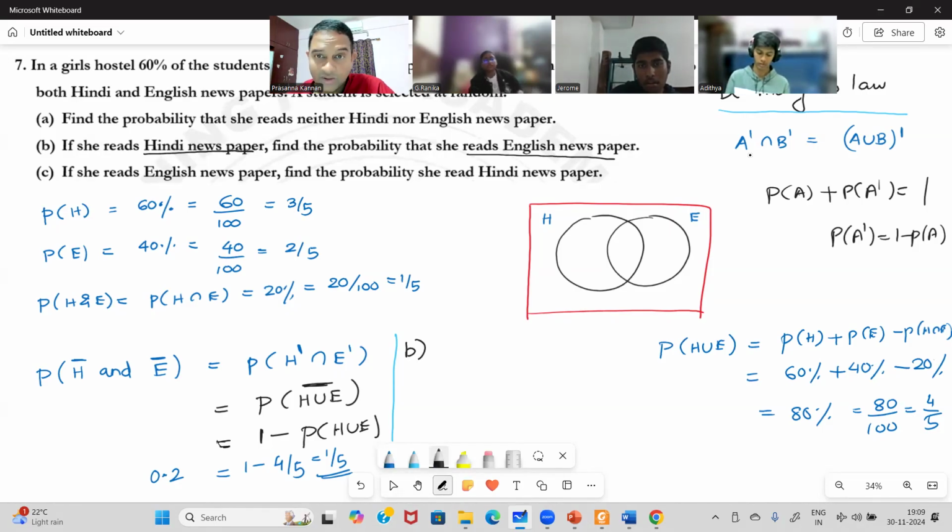She reads Hindi newspapers, sir. That has already happened. Now what do you need to find, Ranika? Find the probability that she reads English newspaper, correct? P of E given H, sir. Excellent, very good, right? So you need to find the probability that she reads English newspaper, given that she reads Hindi newspaper.